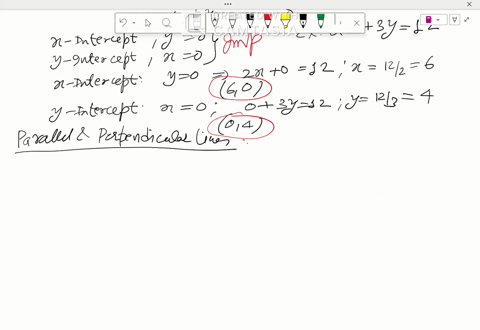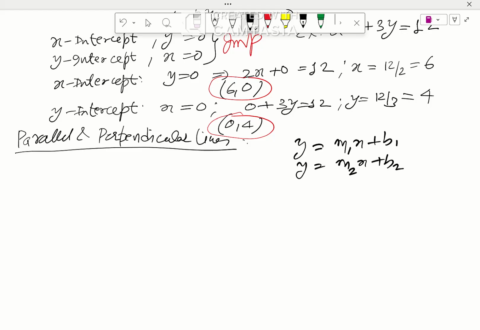All right. So let us look at the parallel and perpendicular lines. How do we determine whether the two given lines are parallel or perpendicular? Let's say they are given in this form: y = m1x + b1 and y = m2x + b2.